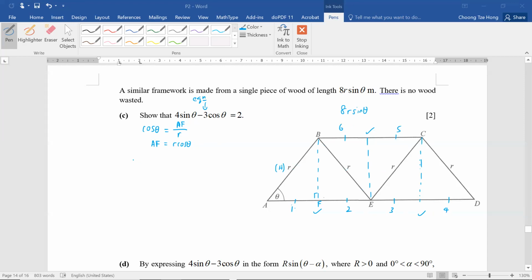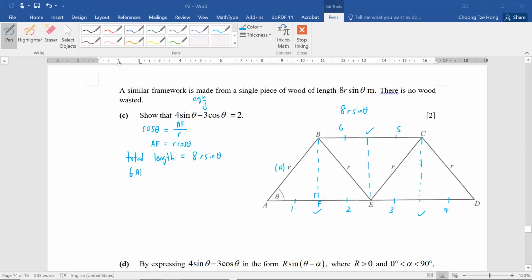Right? So let's formulate an equation, and then hopefully we simplify and get what they want us to show. Formulating an equation is such an important skill that they always want us to employ. So the total length is 8R sine theta. They gave us this value.